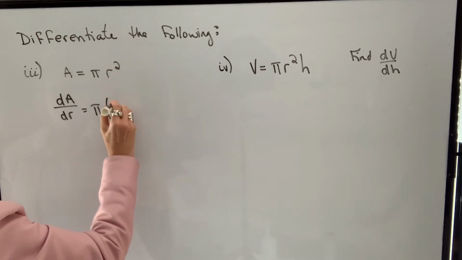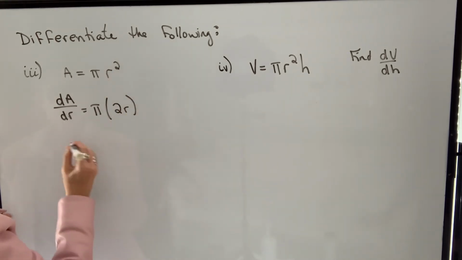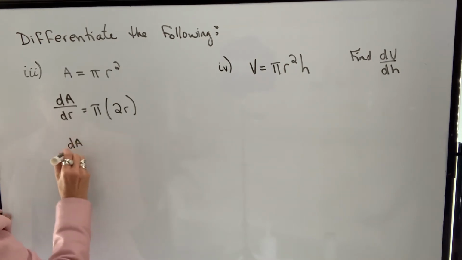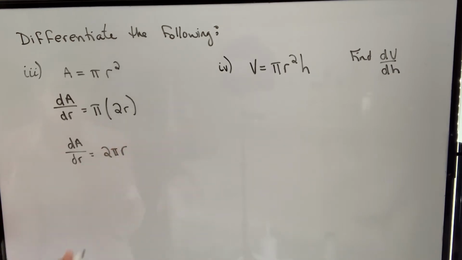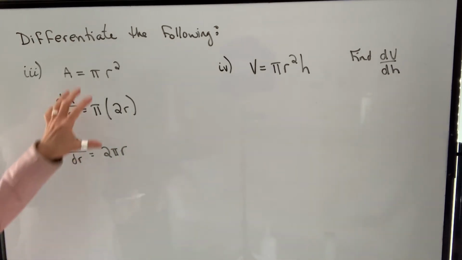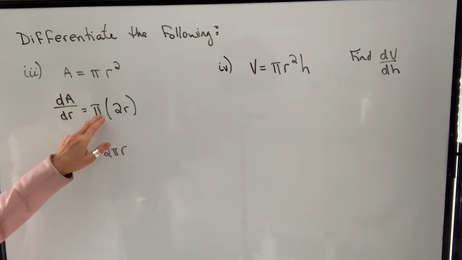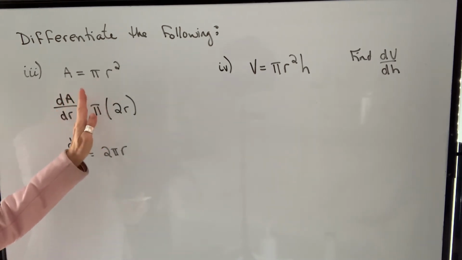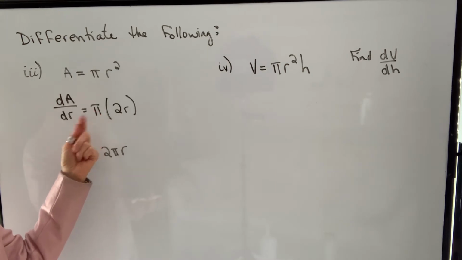The derivative of r squared will be 2 times r to the power of 1. So we could write that derivative as 2 pi r. You're going to get into those kinds of applications when you're asked to find rates of change, and it's still the same format. Although you might not have numbers as your constant, you might have symbols, but they're not variables. This represents a specific value, which is constant.